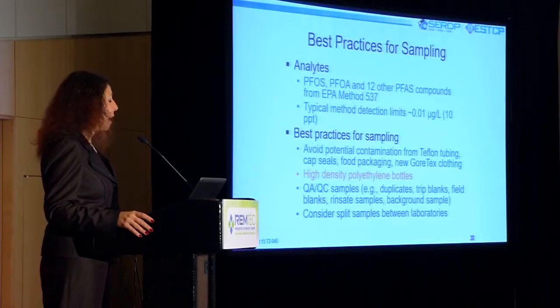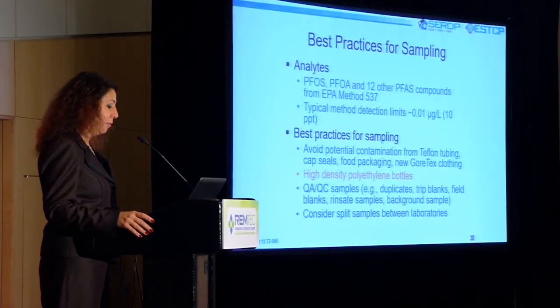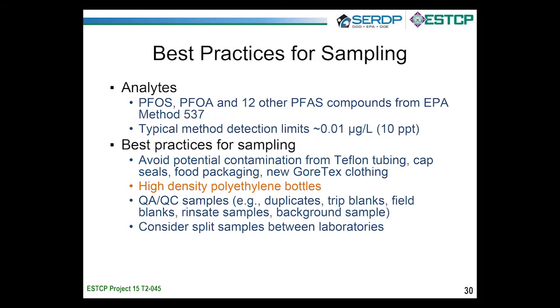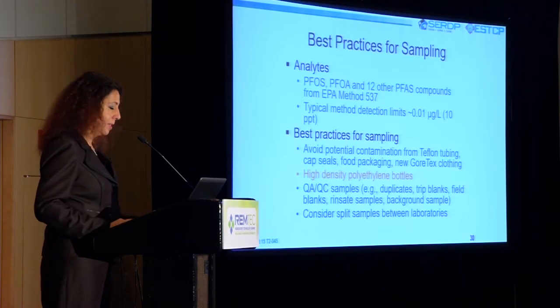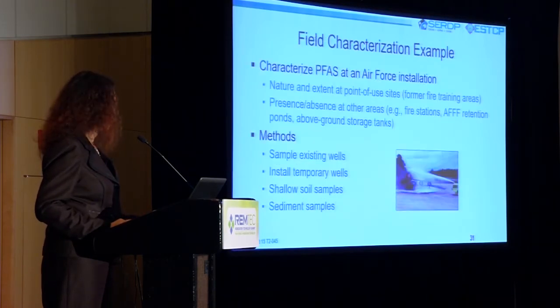In addition, we recommend using high-density polyethylene bottles and using QA and QC procedures that include using duplicates, strip blanks, field blanks, and taking background samples. And what we're seeing from the work that we're doing out in the field is it's always a good idea to consider sending split samples to at least 2 labs to ground truth the results.